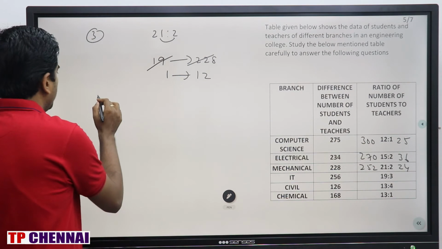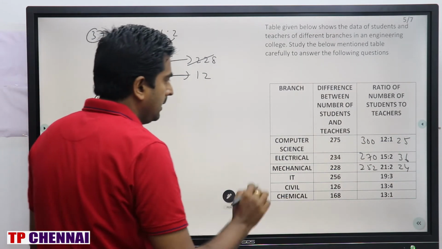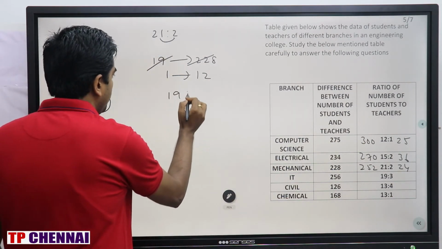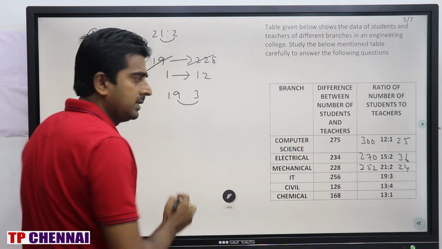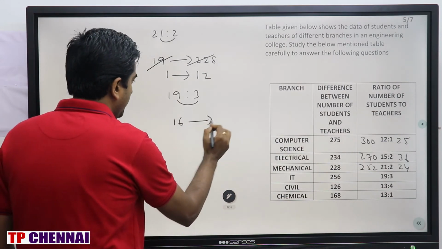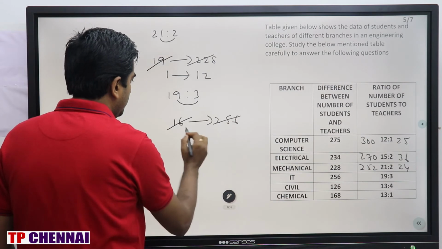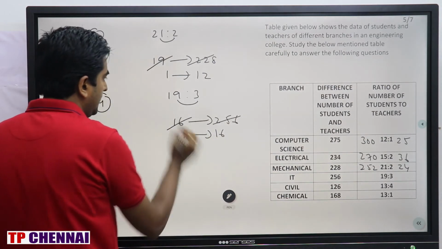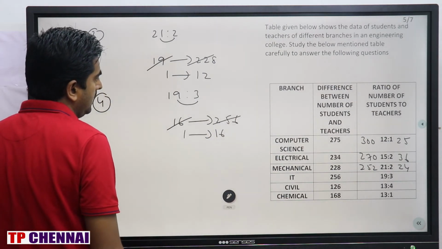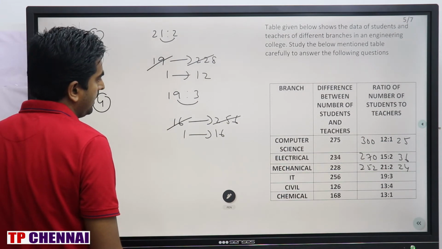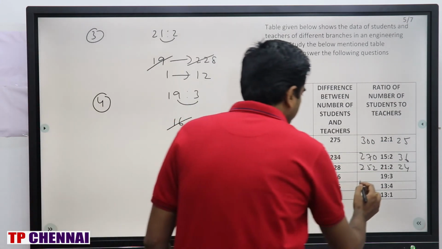Right? Fourth one, IT. 19 is to 3. So the difference is how much? 16. 16 parts is 256. So one part is 16. 38 into 8, 304, right? 304 and 48.